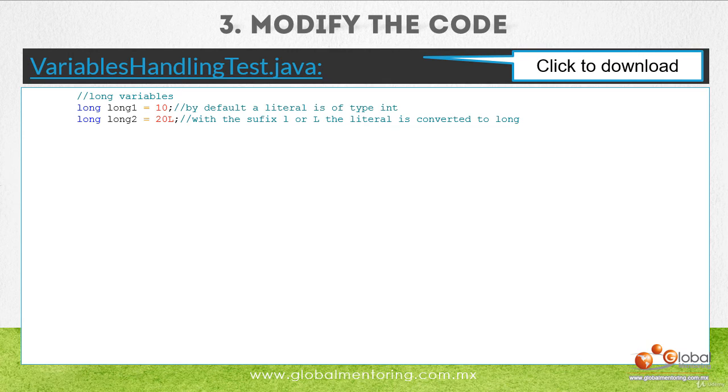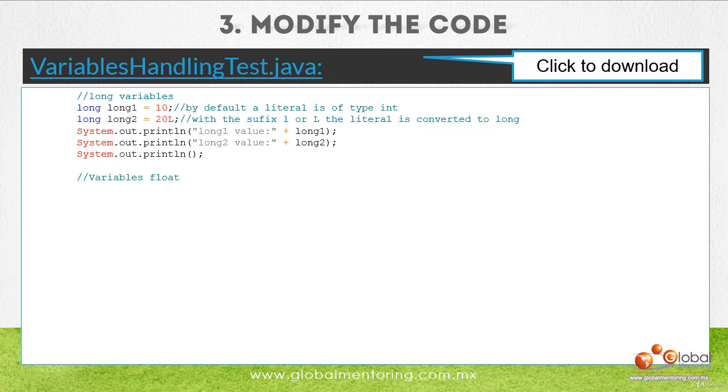We see conversions later in this course. But in the second case, we assign a literal value of 20 and it is of type long. We print the long1 value and long2 values and print a new line.